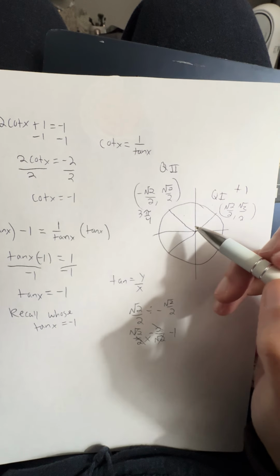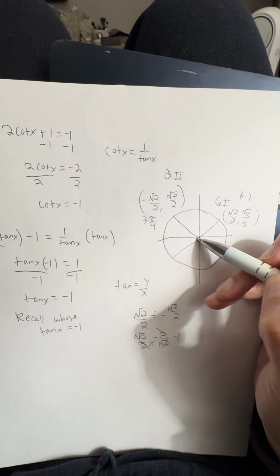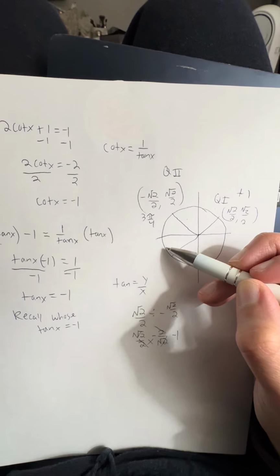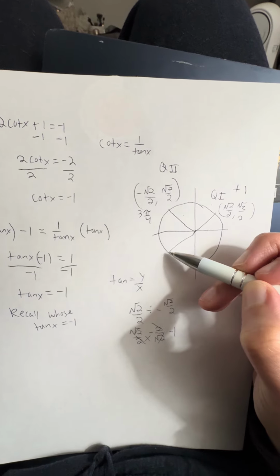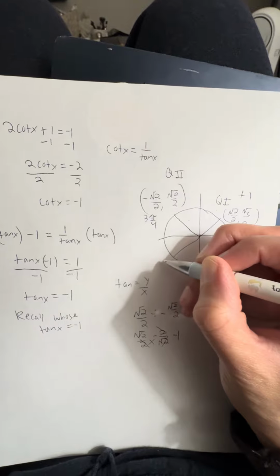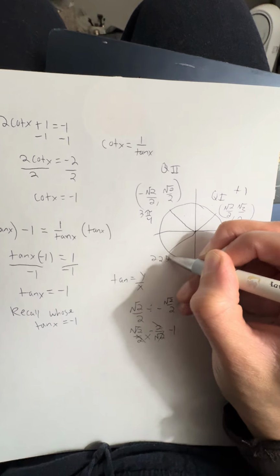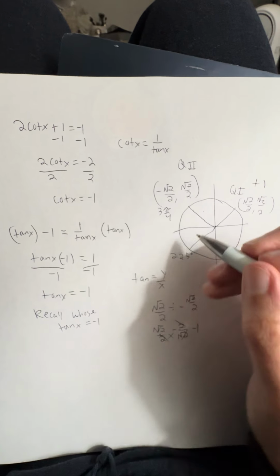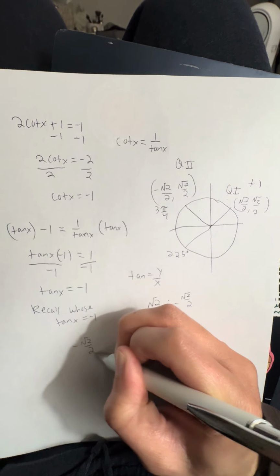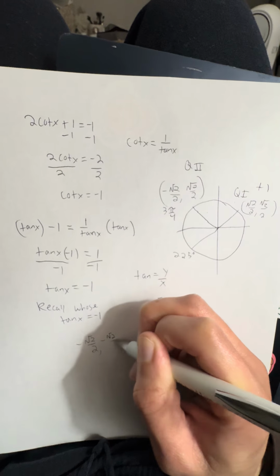Now if I were to go to Q3, which is right here, so 180 and then 210, and then I believe that would be 225, yeah, 225. That one is going to be -√2 over 2, comma -√2 over 2.